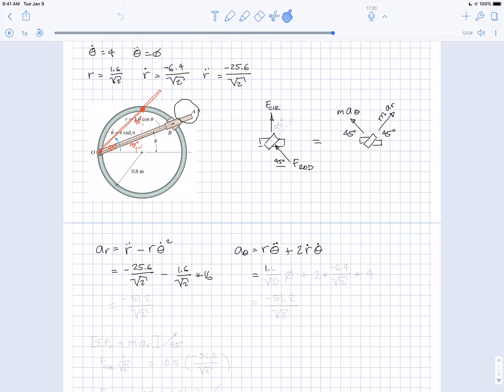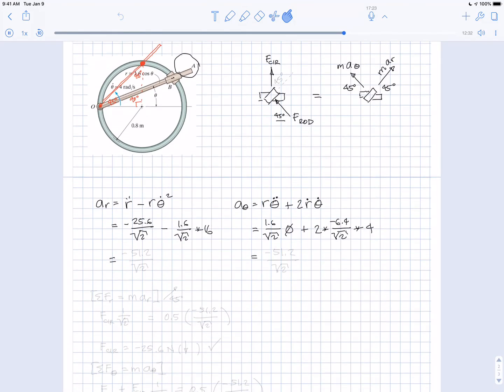For the theta component, r is 1.6 over square root of 2, but I didn't have to use that because theta double dot is 0. Plus 2 times r dot, which is minus 6.4 over square root of 2, times theta dot, which is 4. Let me clean these up a little bit and come right back. Coincidentally, or maybe it was designed like this, both of these come out to minus 51.2 over square root of 2.